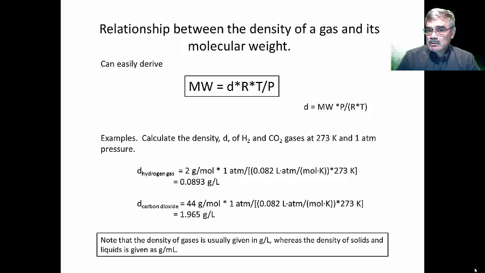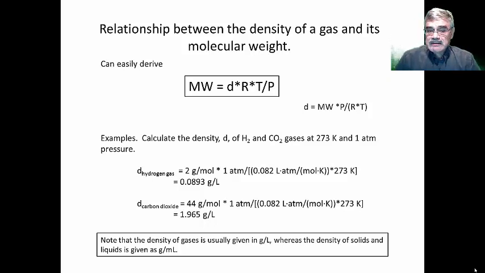Now note that we usually express the density of gases as grams per liter, whereas for condensed phases of matter, solids and liquids, we generally express their density as grams per milliliter or grams per centimeter cubed. But because the density of gases would be a much smaller number if expressed in that manner, we express their density instead in grams per liter.